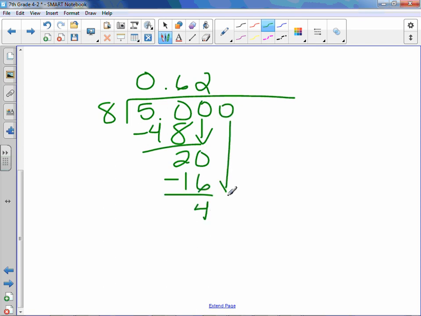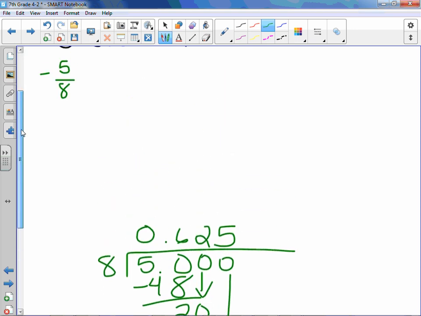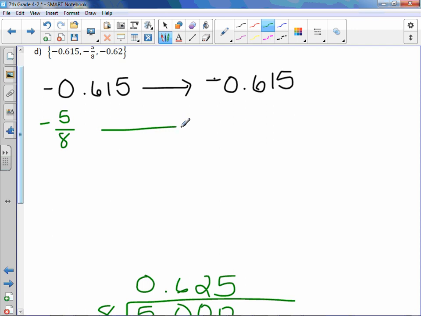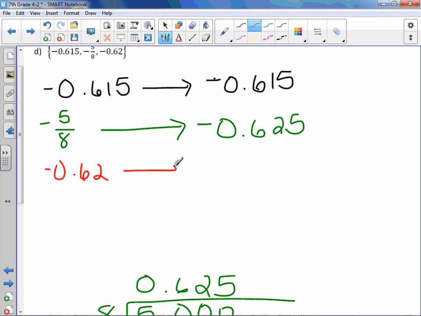Subtract and get 4, bring down a 0. And 8 times 5 is 40. So we have 0.625. And this is negative, so negative 0.625. Our last number is negative 0.62, which is already a decimal. And again, add a 0 to fill in the gap.